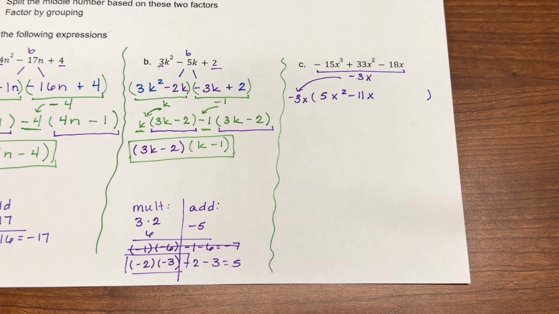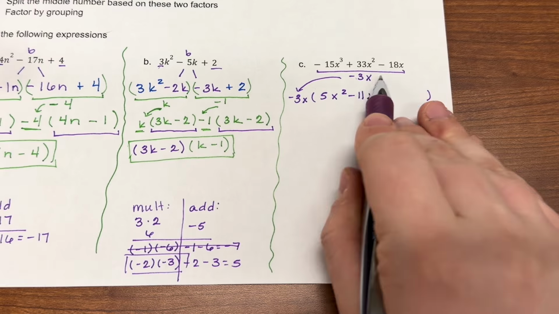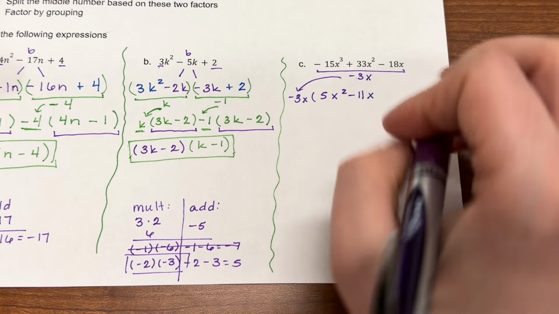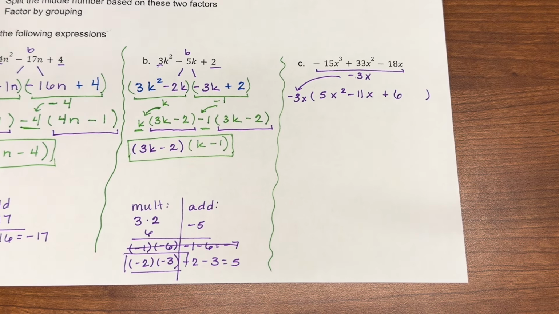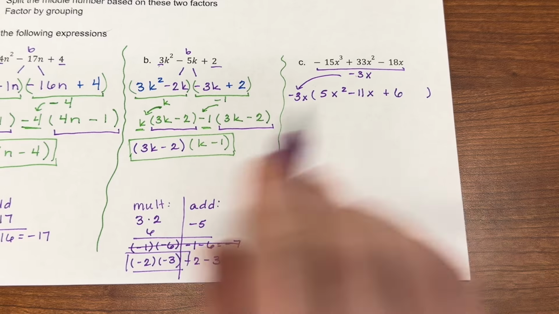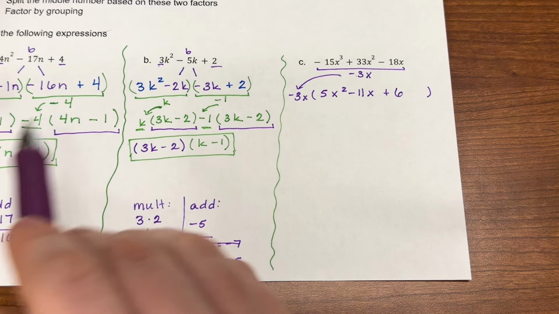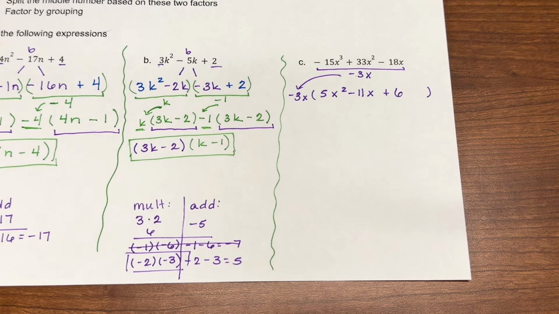One of them cancels out, we're left with just one of them. Negative 18x over negative 3x gives us a plus 6, and the x's cancel. Okay, great. Now we have something that looks a little more like what we've already dealt with.